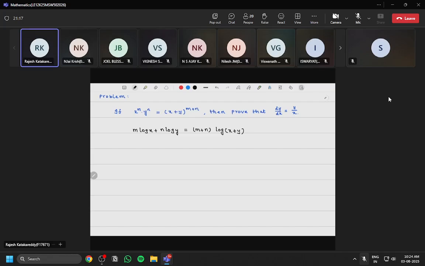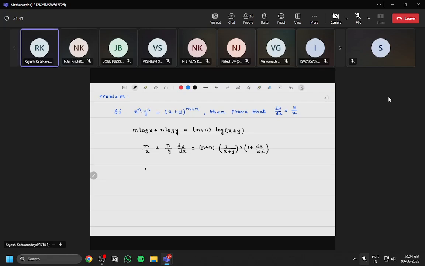Maybe if we differentiate here, what happens? m by x plus n by y into dy by dx is equal to m plus n into 1 by x plus y into 1 plus dy by dx. Right?